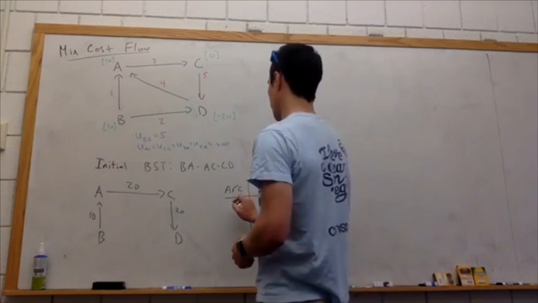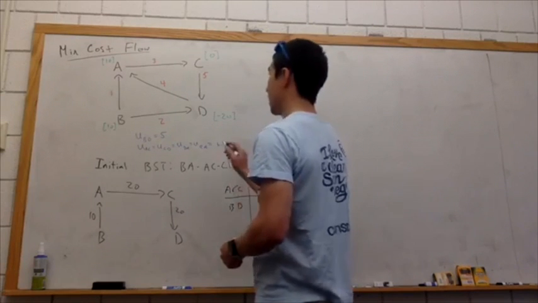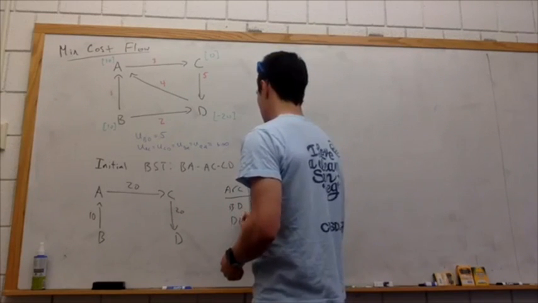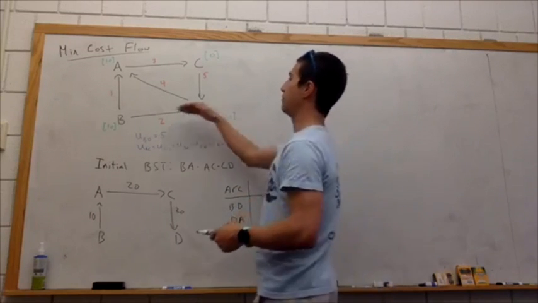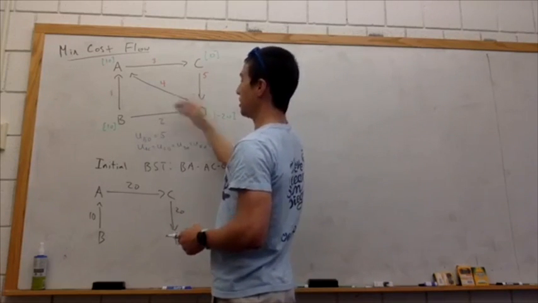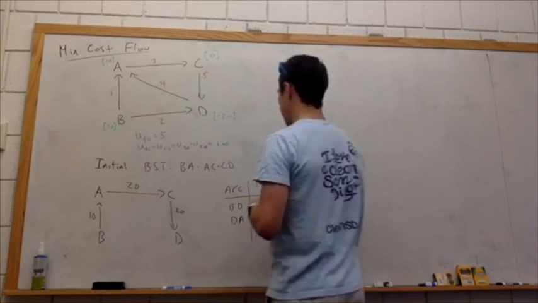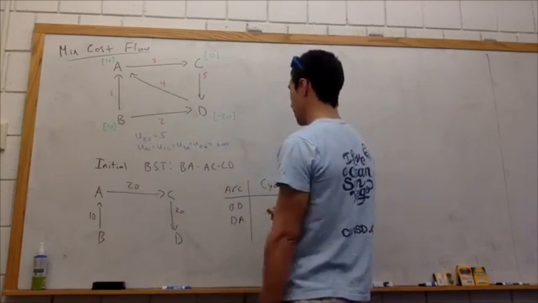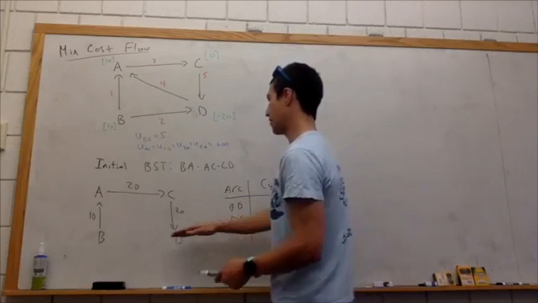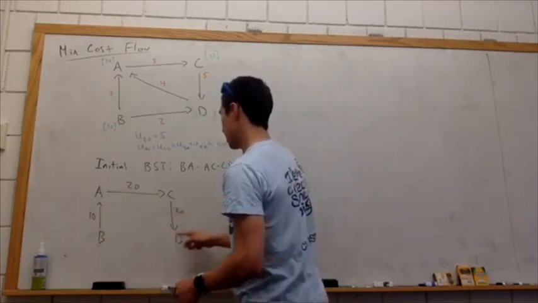So there are two arcs that we need to consider, arc BD and arc DA. And since this is a spanning tree, if I add flow through one of these arcs, it's going to create a cycle in our graph down here. In this case, if I add the arc BD, it will create this 4 cycle here.